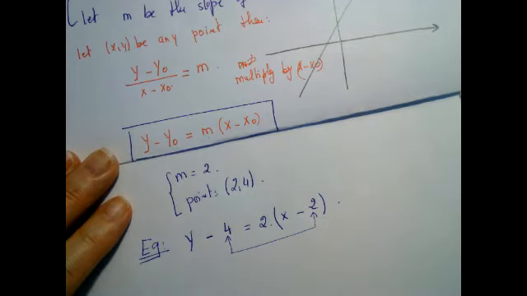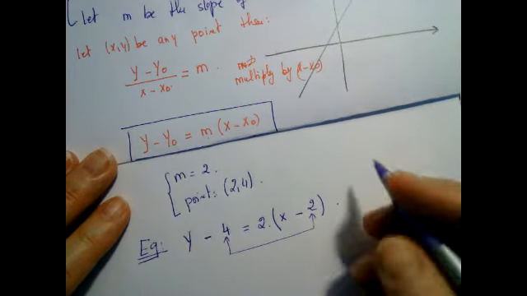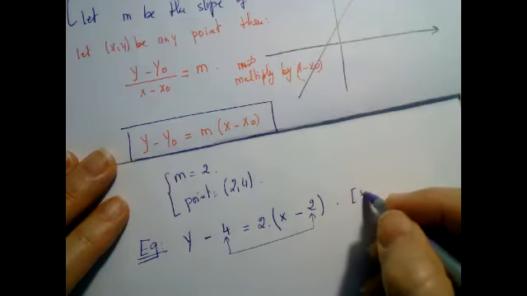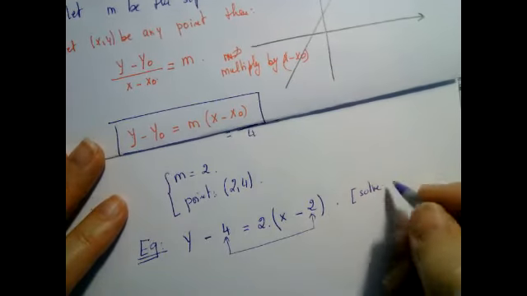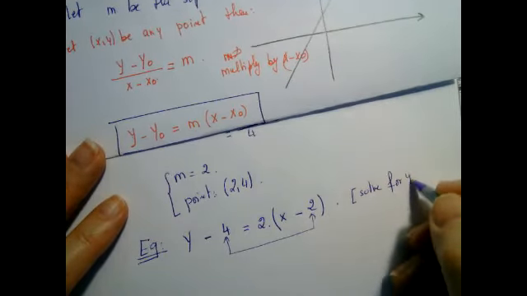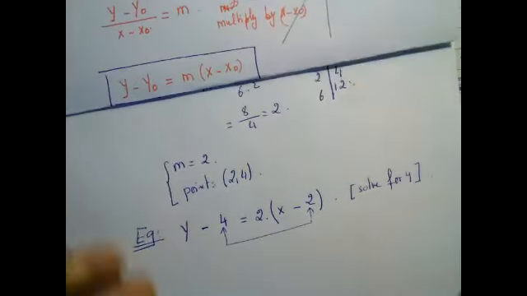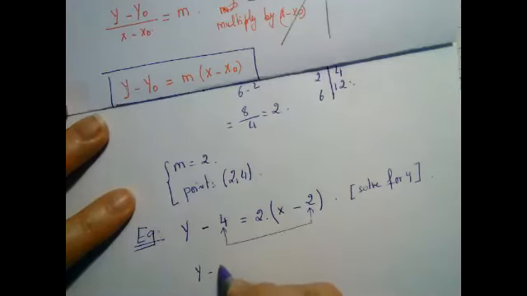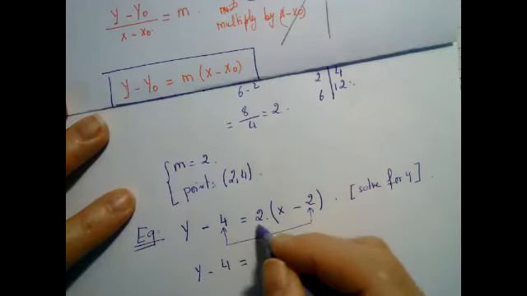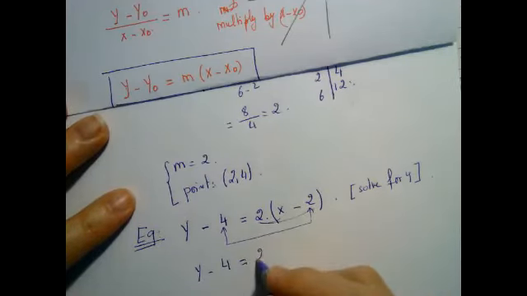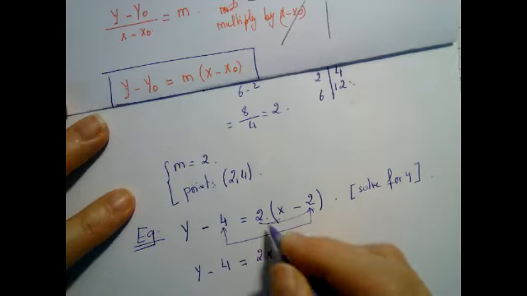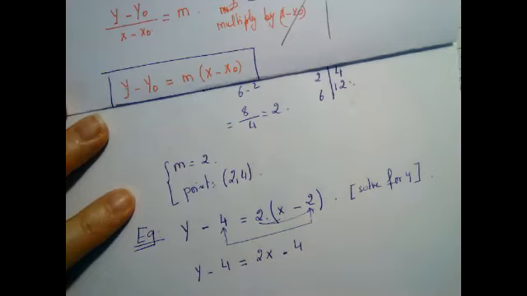Once you write it this way, you can solve for y in terms of x, so you get the form that you like. What do I mean by solve for y? It gives me y minus 4 equals 2 times x minus 2. I factor out the 2 and distribute, giving 2x minus 4.